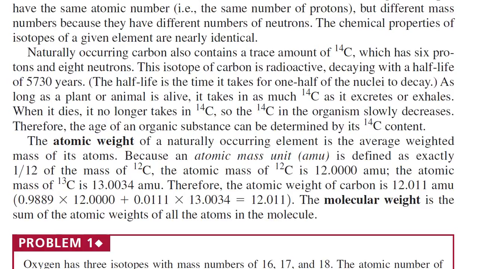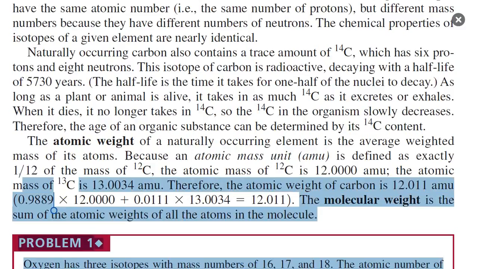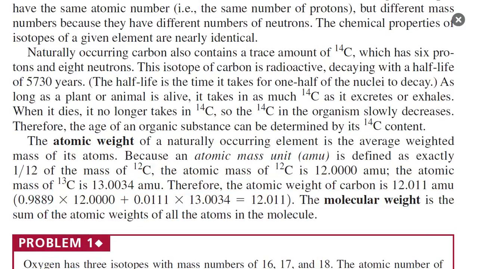You can say we have divided this one by 100, before it was 98, and we divided this one by 100 as well. This one was 1.11, so we divided this one by 100. What our answer is, we have written here, and we are multiplying them with their atomic mass.